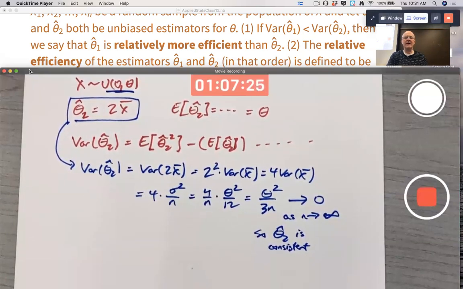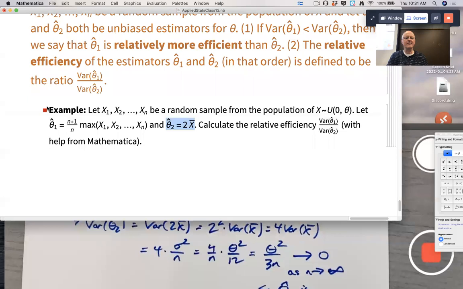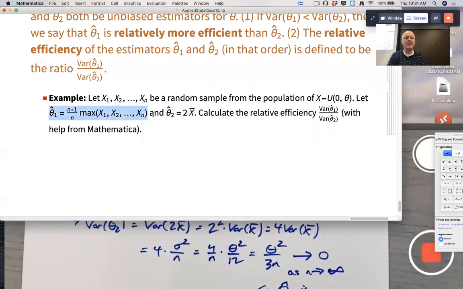Theta 1 hat, the variance is going to be trickier. If I can figure out the variance of the maximum, then I can multiply by this thing squared to find the variance of theta 1 hat. But how do you find the variance of the maximum? We need to find its distribution. We need to find its PDF. It's not as hard as it sounds.